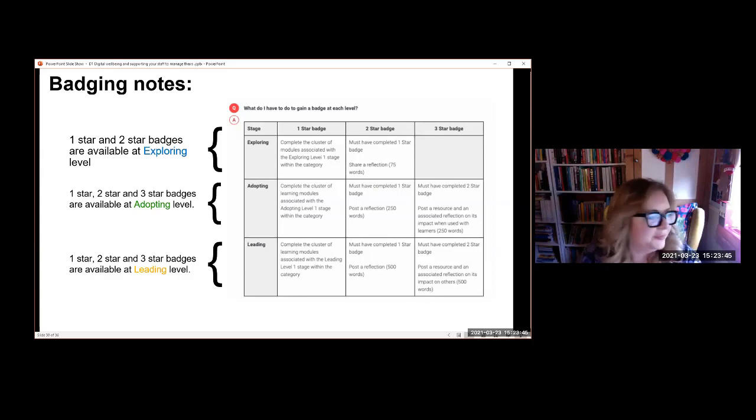Okay. Yes, so people in your team can add themselves to the dashboard, so you can see who's doing what badge, what modules people are doing. You can track what they're doing, they can track what other people are doing. And I know that some colleges have made that into a bit of a competition.